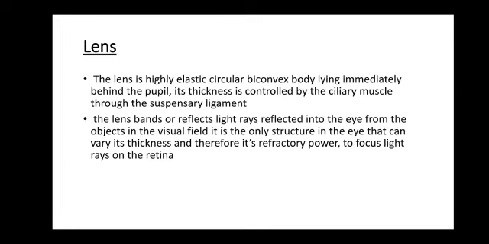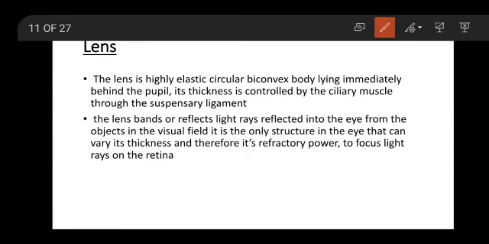Next is the lens. You have also seen it in the structure. This is the lens, this is the suspensory ligament, this is the ciliary body, and there is the iris. The lens is a highly elastic, circular, biconvex body. Let me tell you one thing: the lens is the structure in our eye which has the capacity to vary its size.